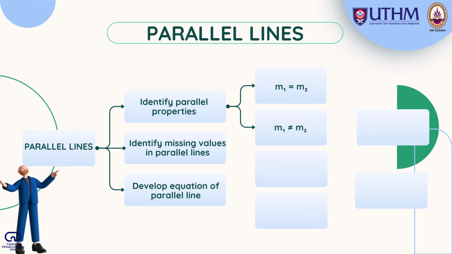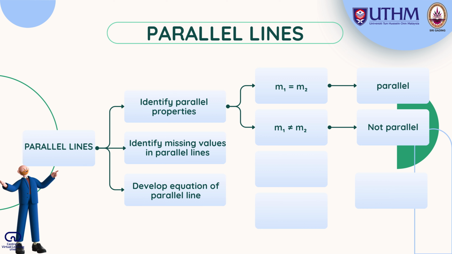If two lines are parallel, the gradients are equal. That means M1 equals M2. If the gradients are not equal, then the lines are not parallel. When finding an unknown, we use the same properties, M1 equals M2.